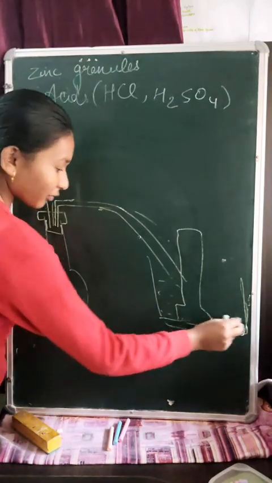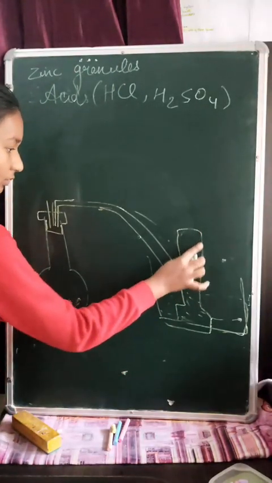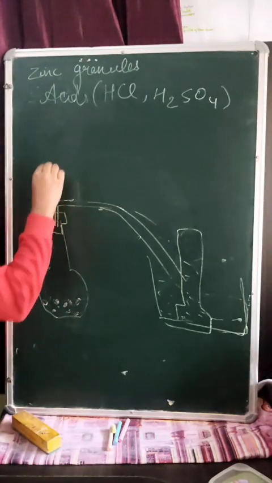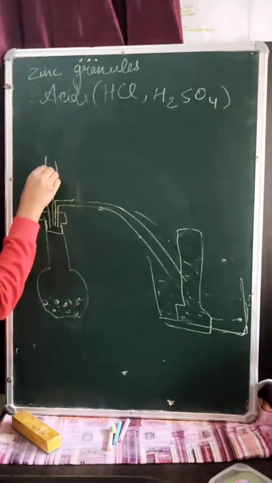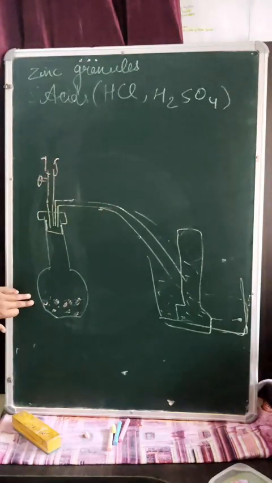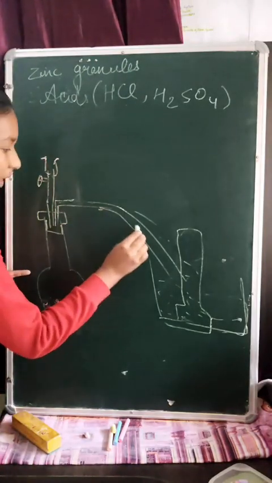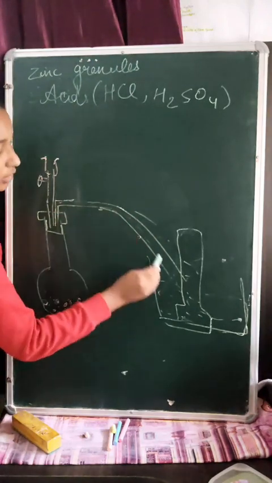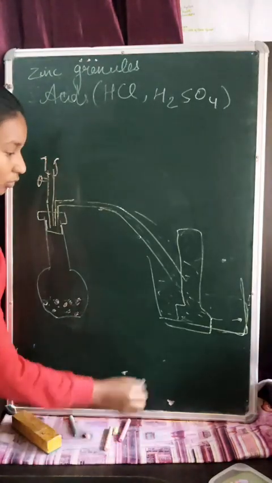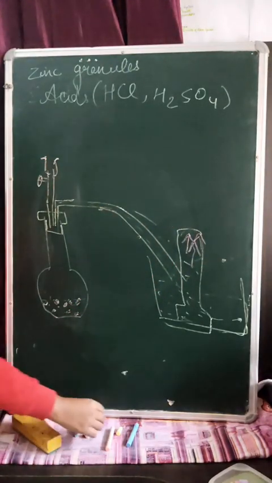Means that it will be filled with water and the hydrogen will be collected over here, and this will be attached to the thistle funnel. Now, as we pour the zinc granules into the acid, this will release hydrogen which will pass on through here, and now as hydrogen is lighter than the water, it will come over here. So this way the formation of hydrogen will take place.